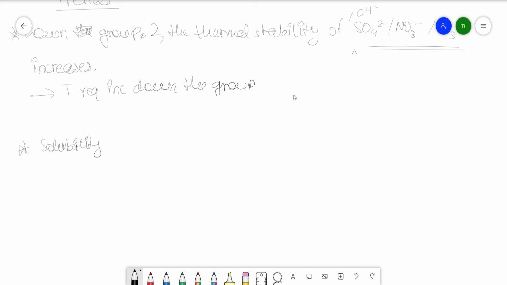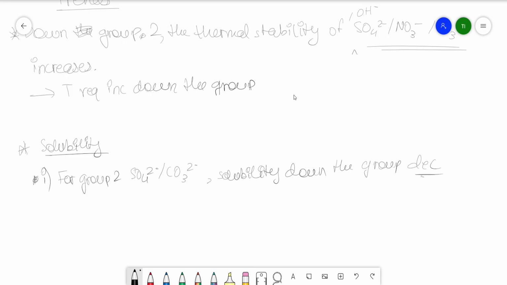Now, regarding the solubility. The first is for group 2 sulfates and carbonates. I'm not sure if they include nitrates as well or not, but for sulfates and carbonates, solubility down the group decreases.